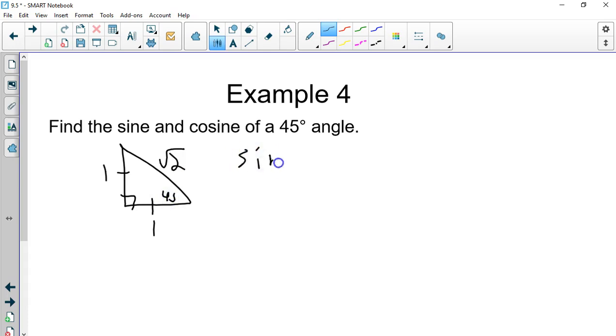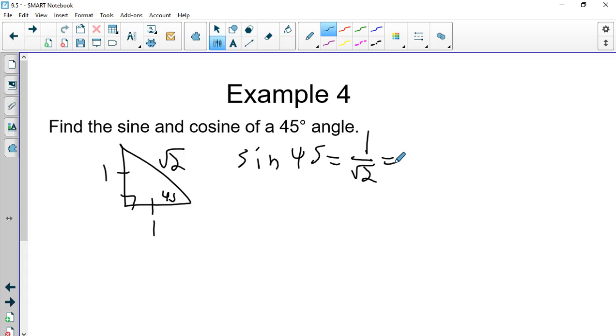The sine of 45 is equal to opposite, which is just 1, over the hypotenuse. And you don't have to rationalize this to try and find the decimal.